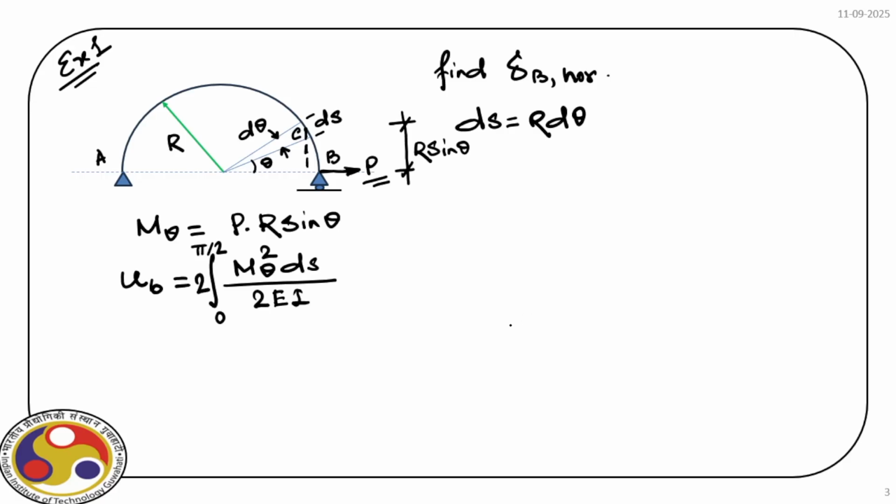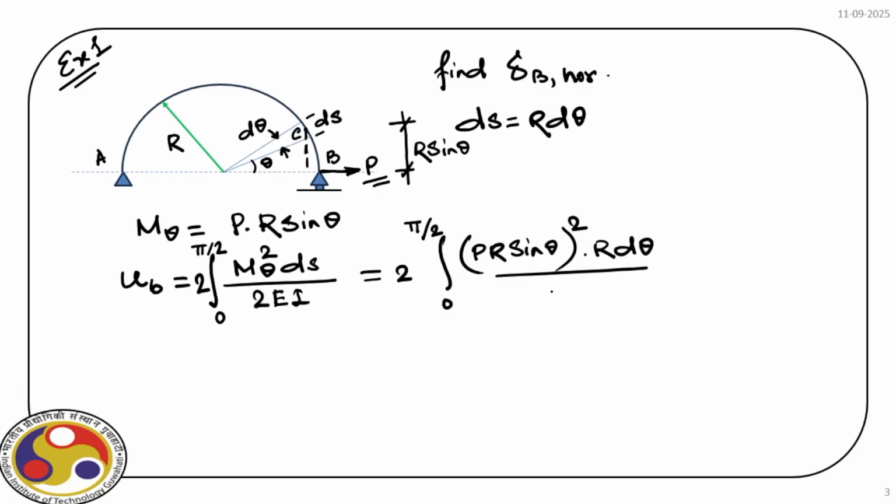Because of the symmetry, we can find out the total bending strain energy. Okay. So we have 2 times the integral from 0 to pi by 2. In place of M theta, we can write P R sine theta whole square. Then we can replace ds with R d theta, divided by twice EI.